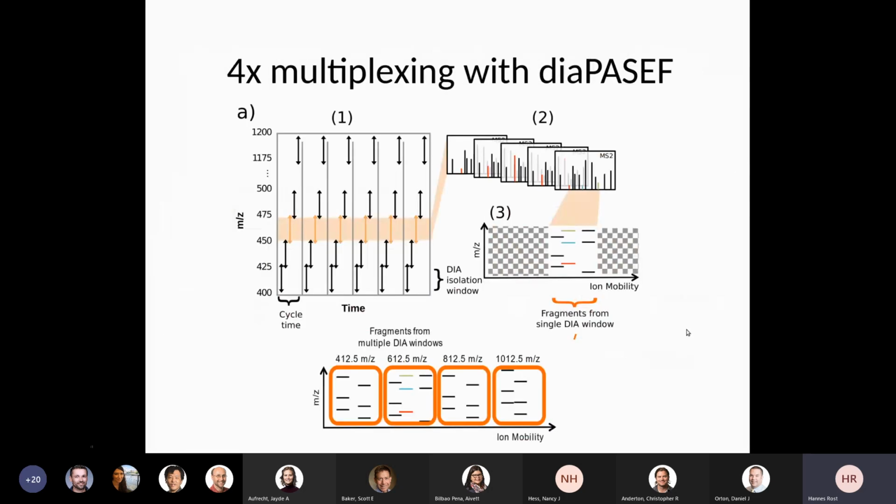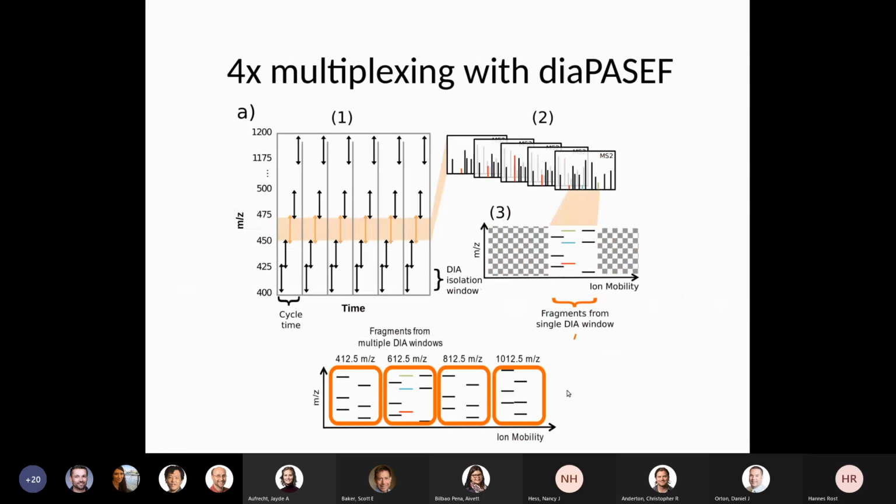So this brings the DIA-PASEF acquisition scheme together: not only is our data now two-dimensional, with every single MS2 fragment ion spectrum having the second dimension of ion mobility, but on top of that, we have the additional benefit not just of the separation here, but also the benefit of multiplexing.